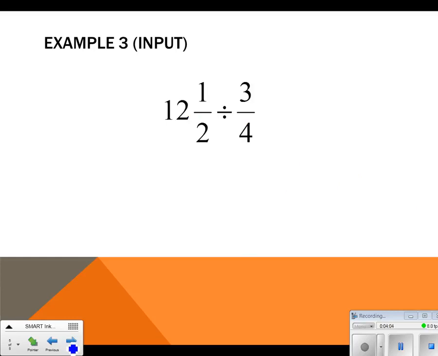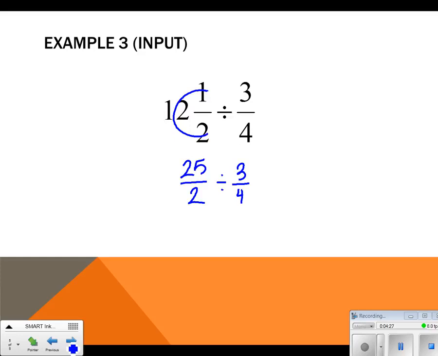1 2/5 divided by 3/4. First, step 1, change the mixed to improper. 2 times 1 plus... 5 times 1 plus 2 gives us 7... Denominator stays the same. We're dividing by 3/4. Step 2 does take place here because it's a division problem. I have a little saying: when it says divide, don't cry, just flip and multiply.